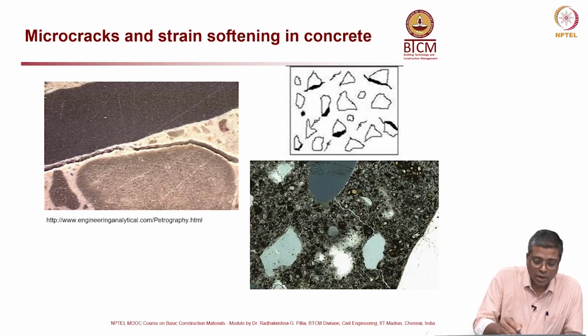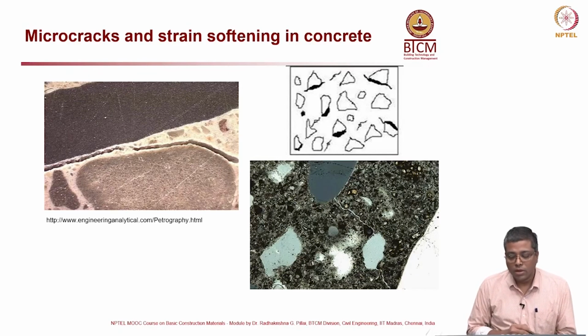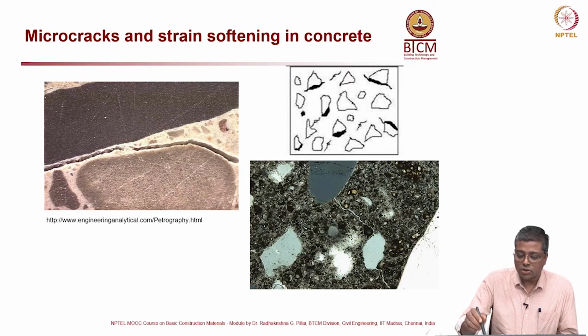Because in ceramics you might have a lot of cracks. As you see, on the top right is a sketch of concrete. You can see all these particles like aggregates, and then you have small micro cracks, and some bleed related gap between the aggregate and the cement.